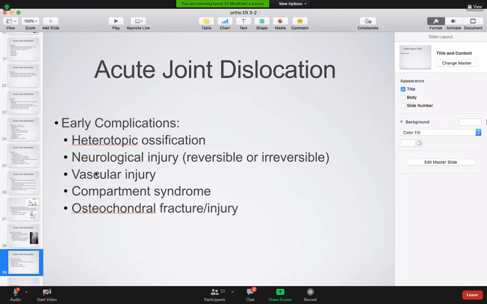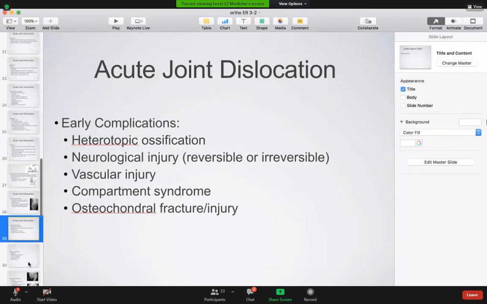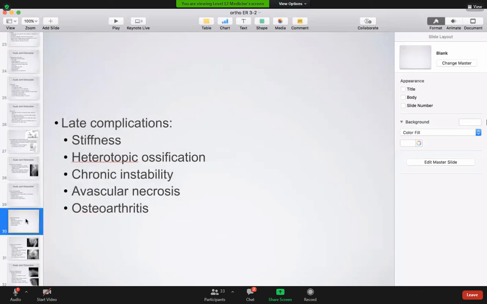Early complications are mainly neurovascular injury, compartment syndrome, and osteochondral fracture. The late ones are heterotopic ossification, stiffness, chronic instability, avascular necrosis, and also arthritis.